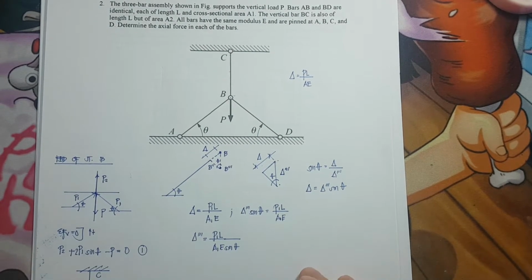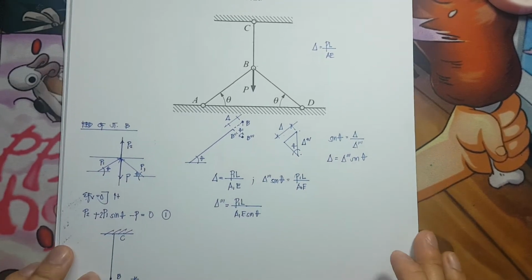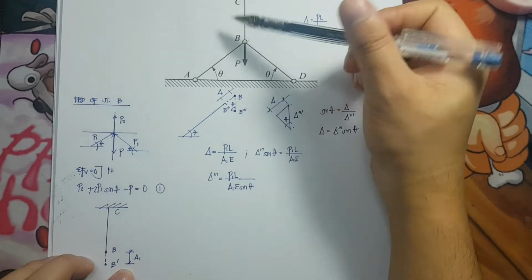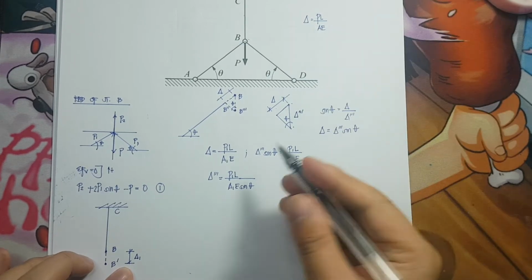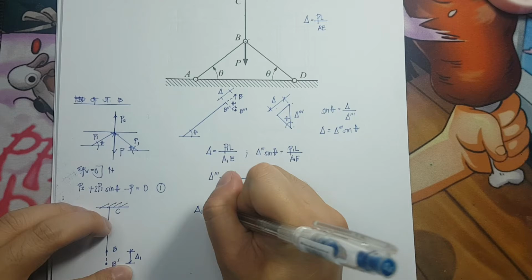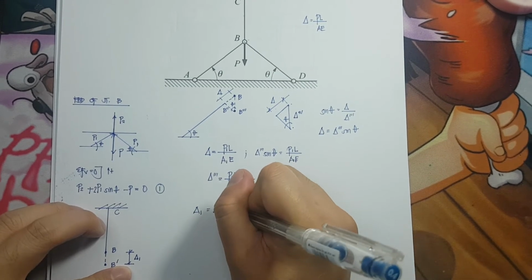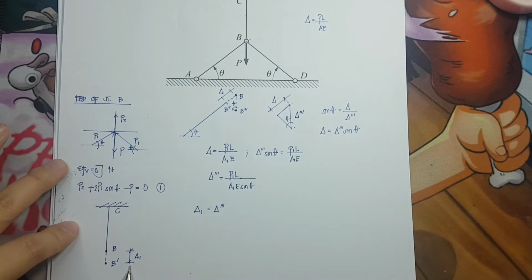With that, we can now equate our two deformations. So delta 1 is equivalent to delta triple prime. So what is delta 1?